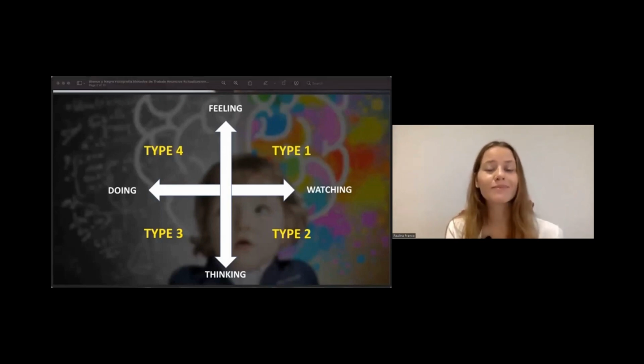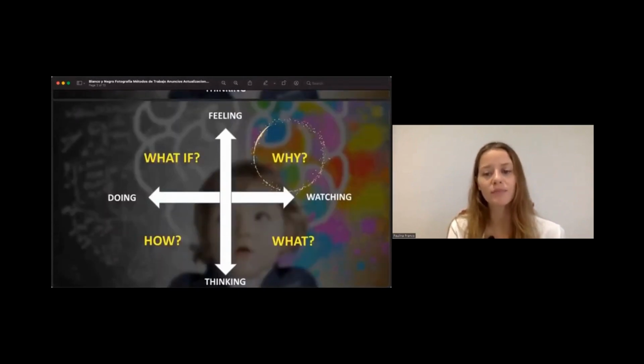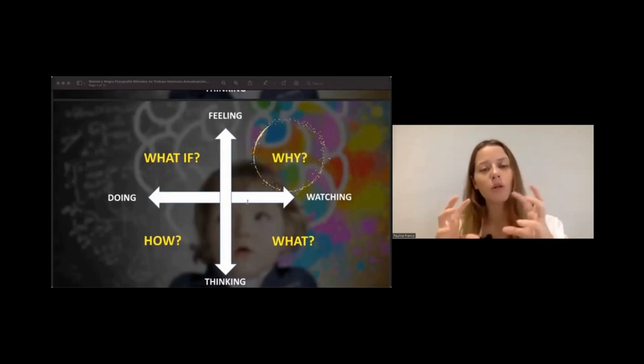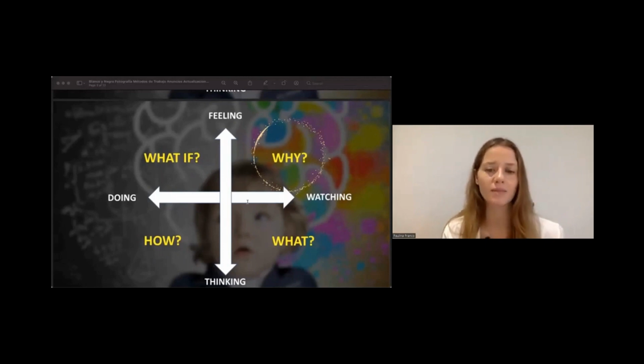But I need to include all types. And also, as Tim mentioned it really quickly, the learning cycle involves moving through these four phases, and each with a focus on a unique question.